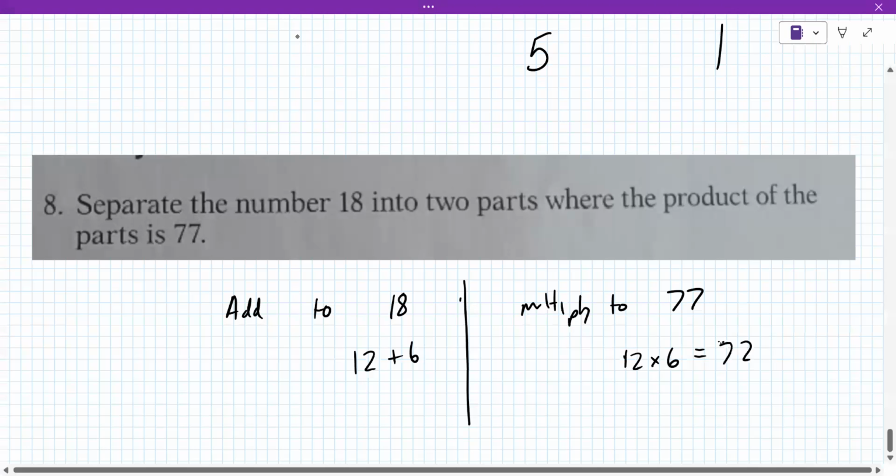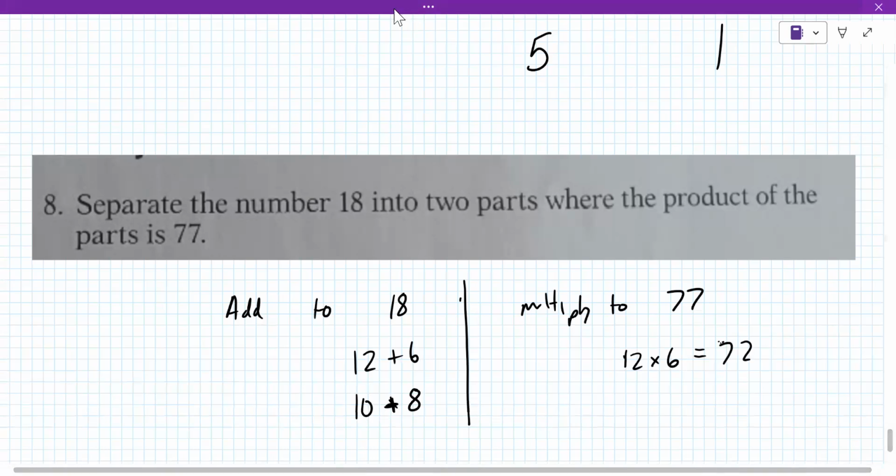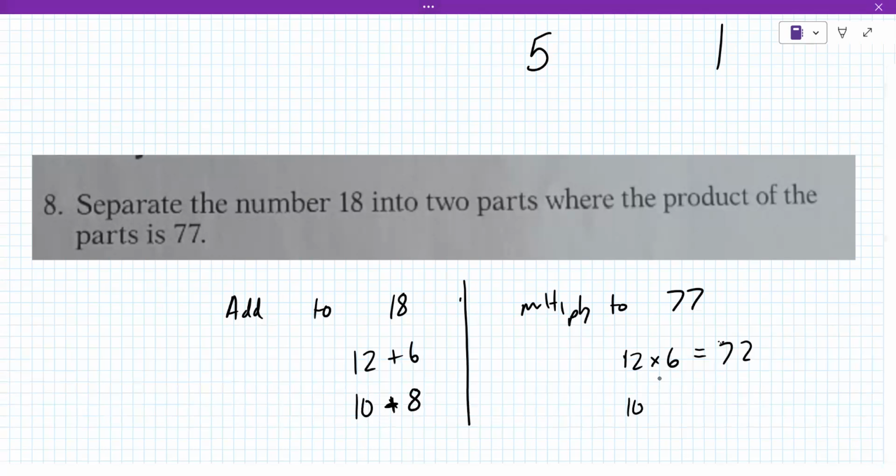That's too small. So now how about 10 plus 8? That would be 18. That would be 80, which would be too big. So it's got to be somewhere in between those two.